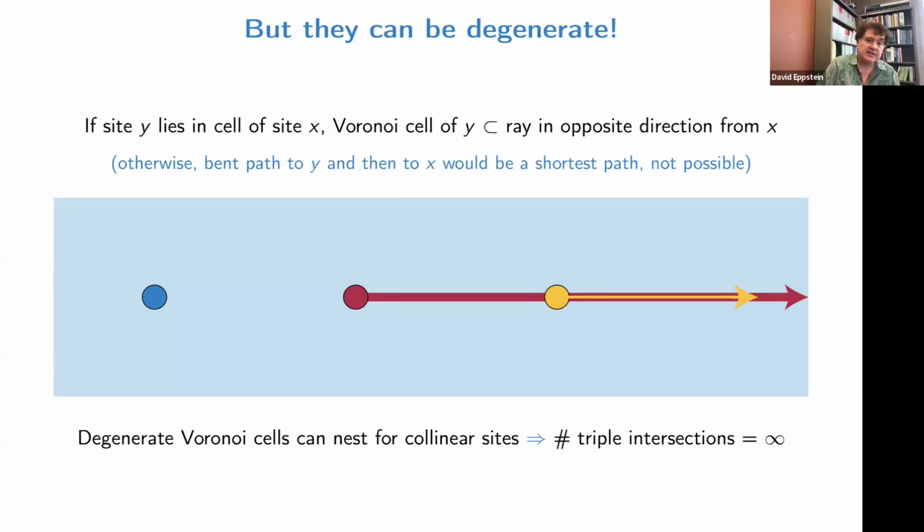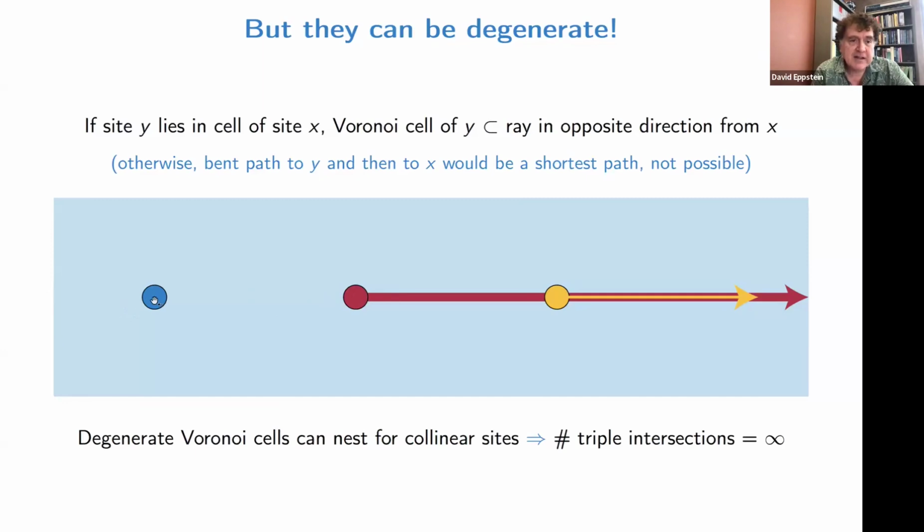One complication is that Voronoi cells might not be two-dimensional. If I have a site Y, one of the generators of the Voronoi diagram, that site has whatever additively weighted distance it has to itself, but it might have a closest neighbor that is not itself.